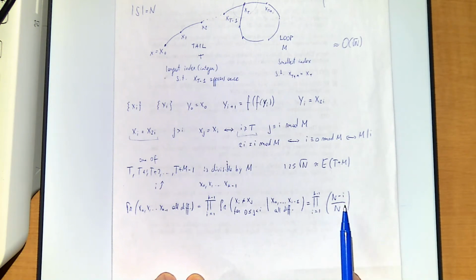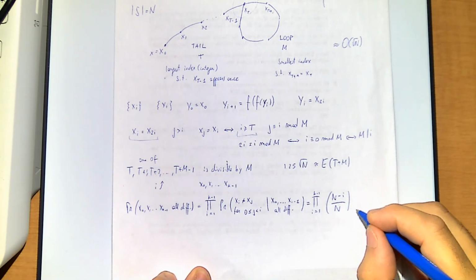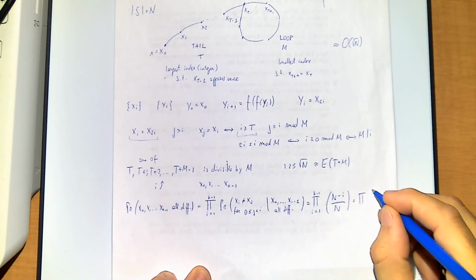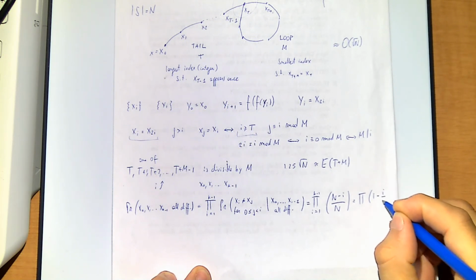The first one, of course, is going to be n minus 1 over n, because you have just one element, and then you just keep going in this way. Then you get n minus 2 over n, because you fix two elements and whatnot. Actually, this is the same as 1 minus i over n.